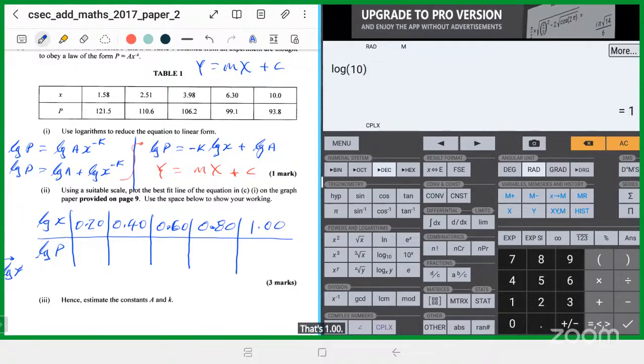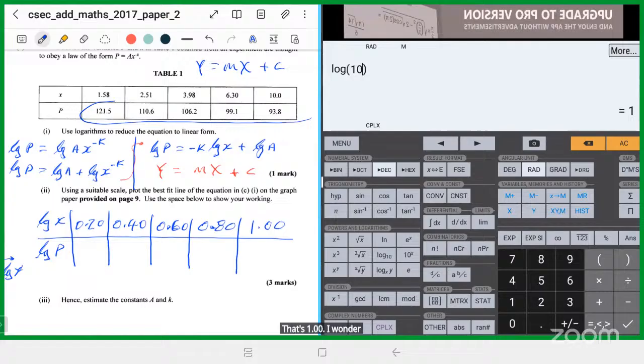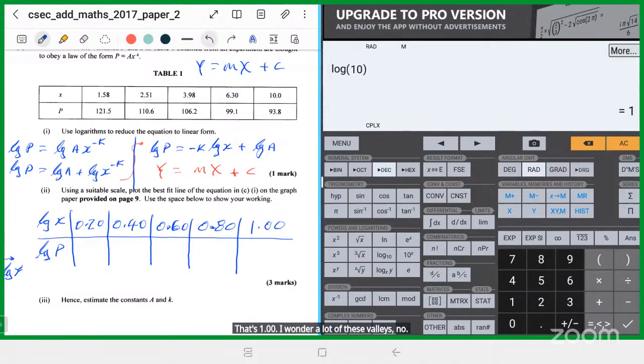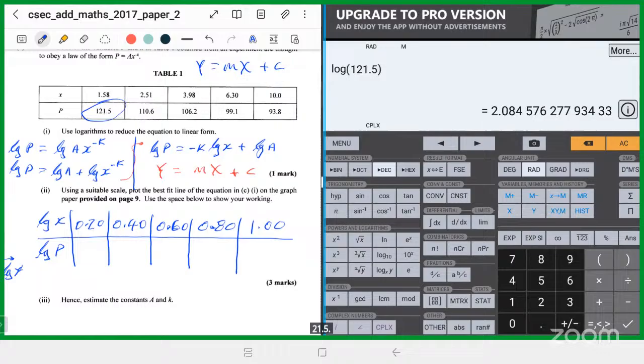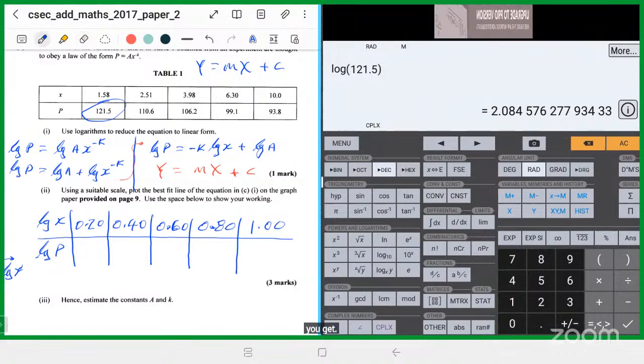We're going to do the log of these values now, down here. The first one is the log of this value, 121.5. That's 2.08. This is what kind of values we get. Let's go 2 decimal places still. 2.08.